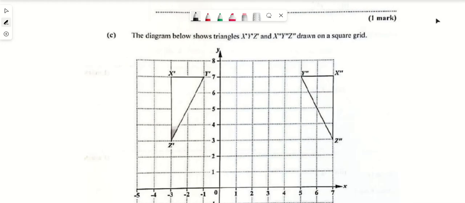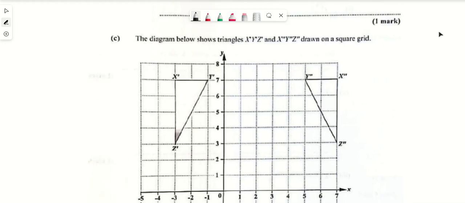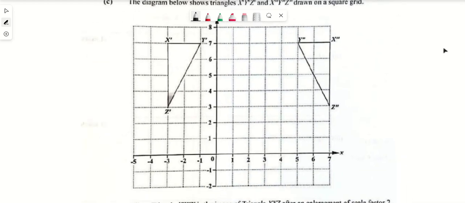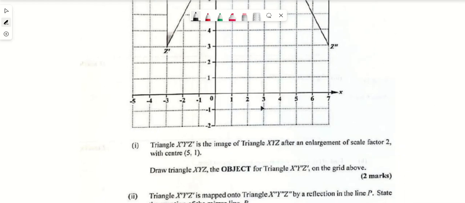Let's do part C now. The diagram below shows triangles, the first image of X, Y, and Z, which is this, and then the second image of X, Y, and Z, which is this, drawn on the square grid. Now they said the first image of X, Y, and Z is the image of triangle X, Y, and Z after enlargement of scale factor 2 with a center of (5, 1).